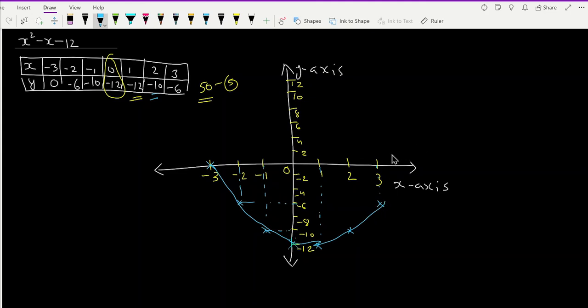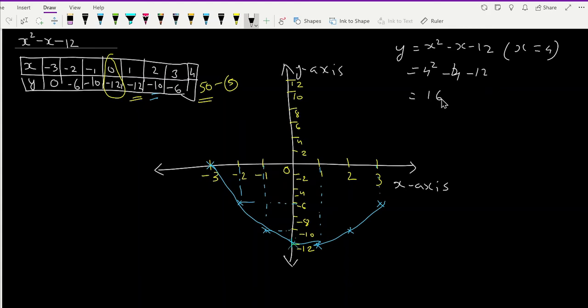So better we'll take one more value, that is 4. So we'll get y is equal to x square minus x minus 12, x is equal to 4. So I am substituting this value: 4 square minus 4 minus 12.